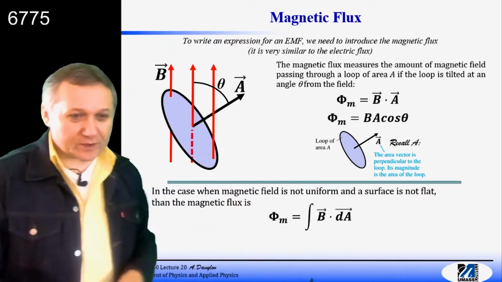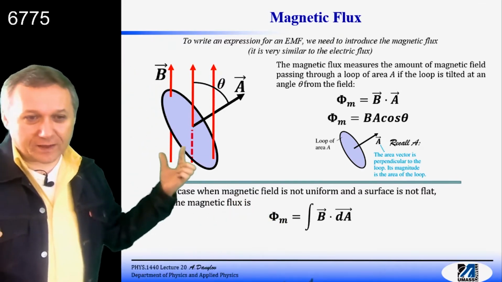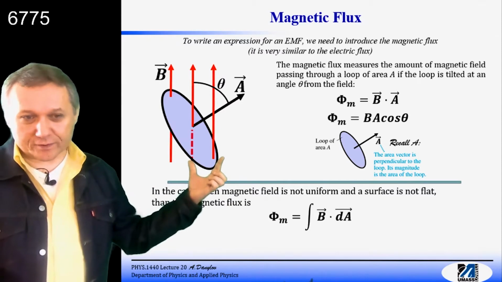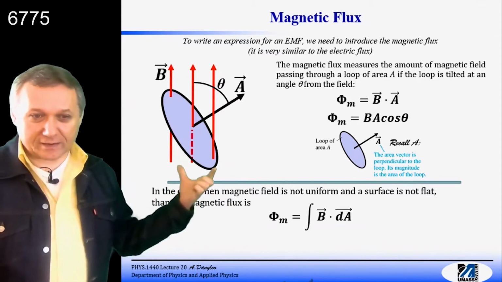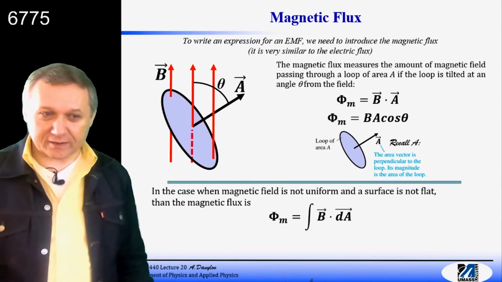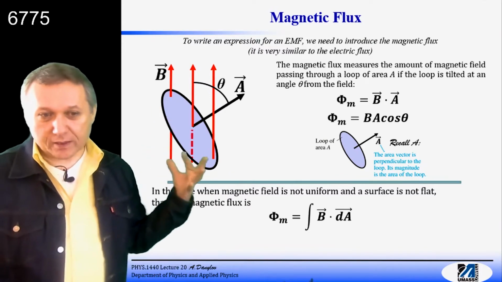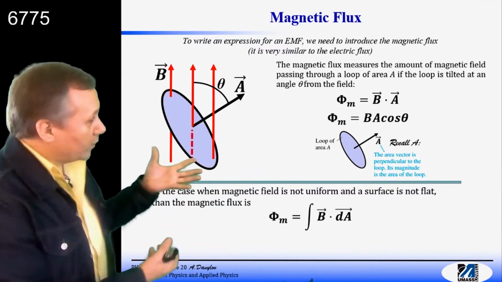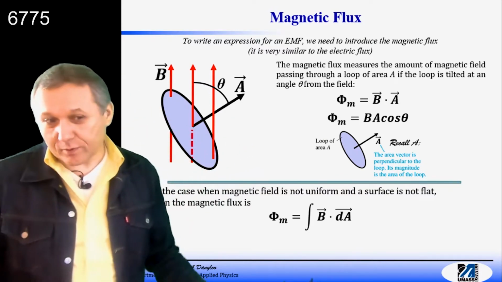If you have, for example, this flat circular surface, and it is exposed to the magnetic field, then of course there will be some number of magnetic field lines crossing this surface. So that's a flux.